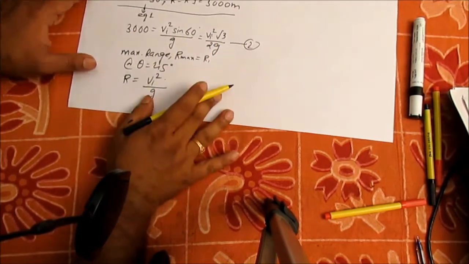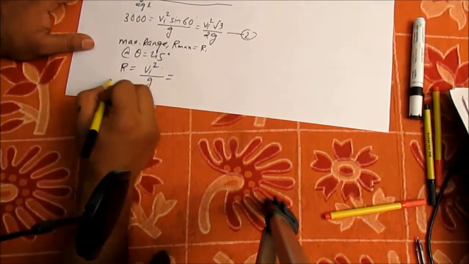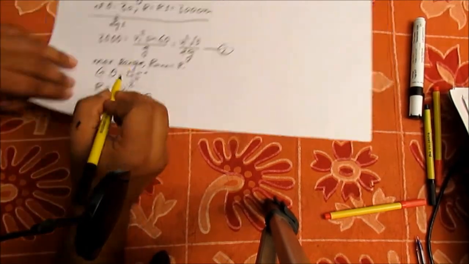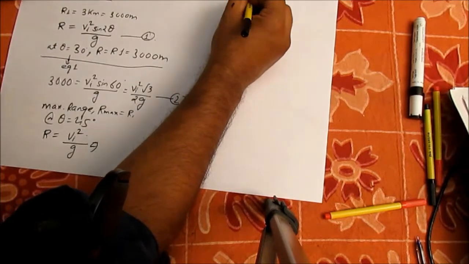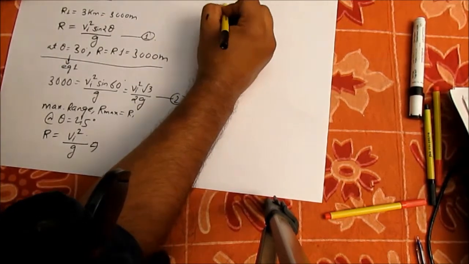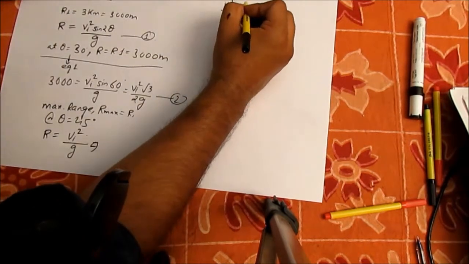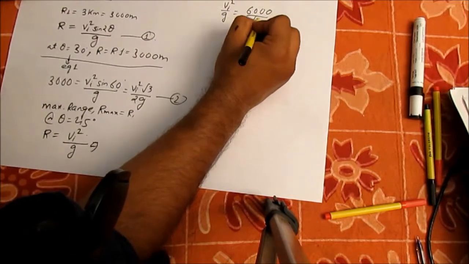So from equation 2, I will get the value of Vi square by g as 6000 divided by root 3.